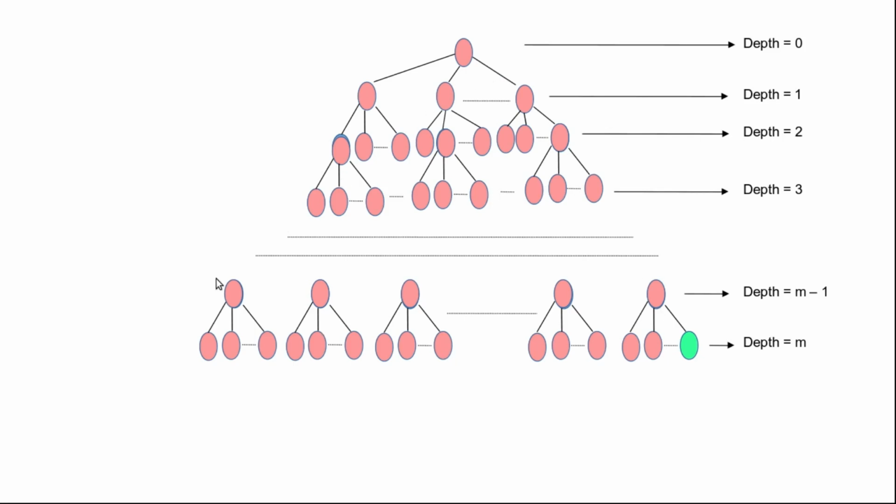Only after visiting all these red colored nodes, we go and reach our goal state. So this is the worst case scenario, where we reach the goal state only after exploring all the other nodes in the tree.